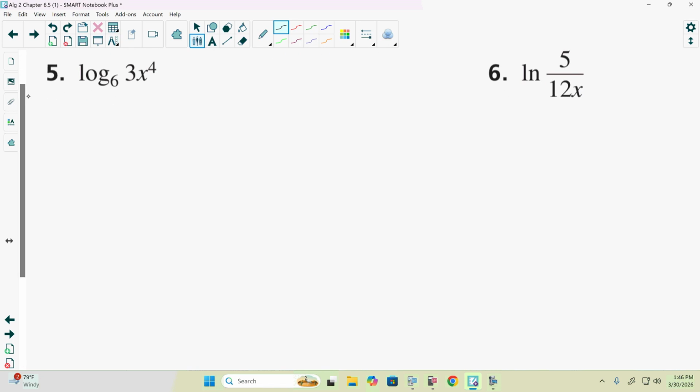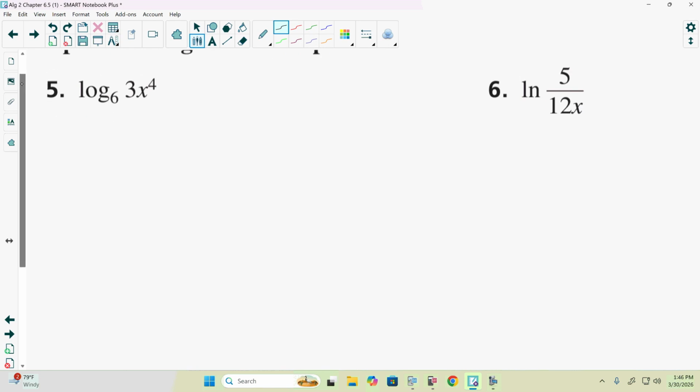Next one we have is log base 6 of 3x to the 4th. Our first property, we look at quotient. Is there something being divided here? Well, no, there is no division in this, so we don't do quotient. But we do have two things being multiplied together.